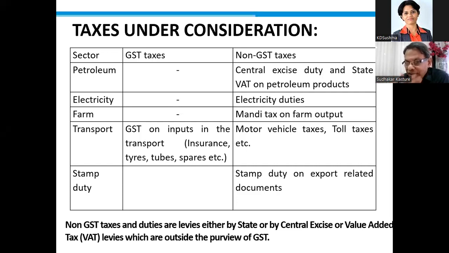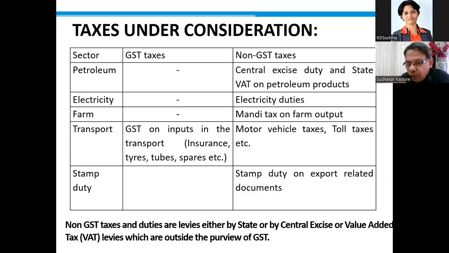Then there are certain taxes which are not refunded in the GST scheme. For example, insurance, tires, tubes, spares, motor vehicle taxes, toll taxes. If goods are coming from Pune to Mumbai and pass through a highway or expressway, then they are supposed to pay toll. Then stamp duty on export-import related documents.